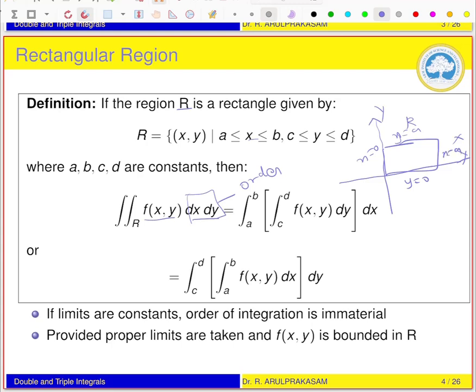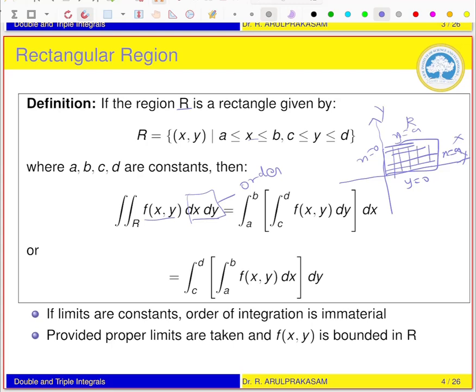I can consider this a rectangular region. How can I cover the region? This forms the order. I have to cover this region by lines parallel to the x axis and then parallel to the y axis.